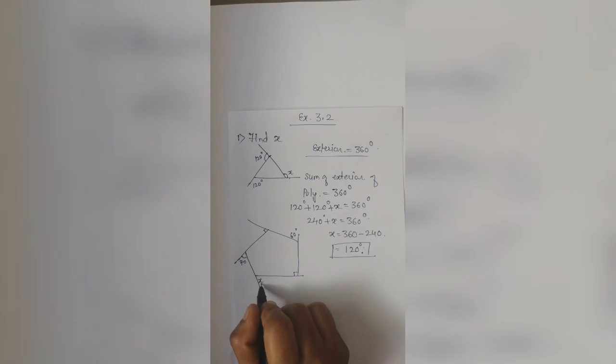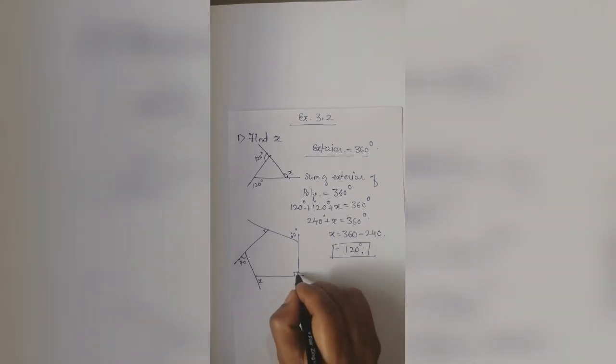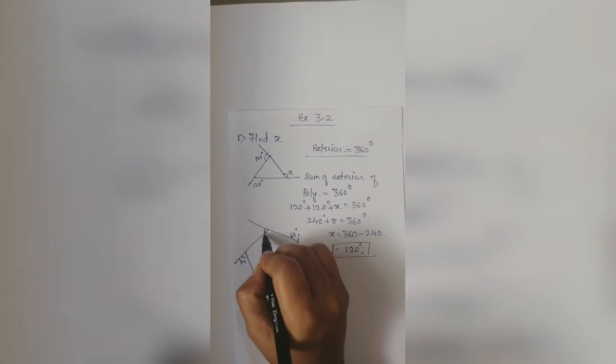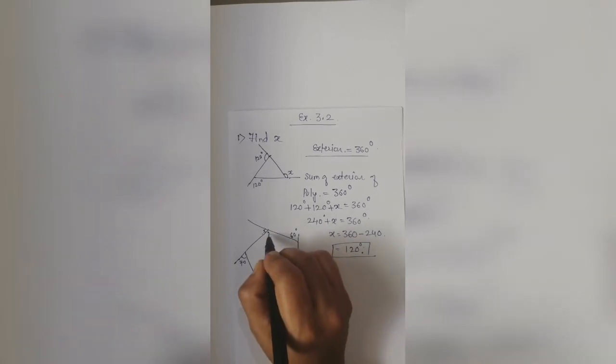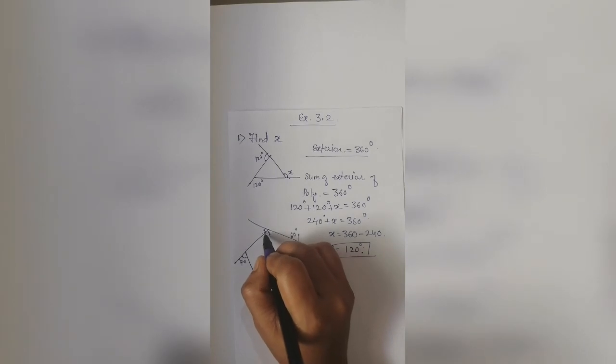This X is not given to you, so you have to find out the value of X. Here interior angle 90 is given, exterior angle not given. Here also interior angle 90 is given, exterior angle 90 given. Here interior angle is not given. Here we are not going to find the interior angle because we need the exterior angle.